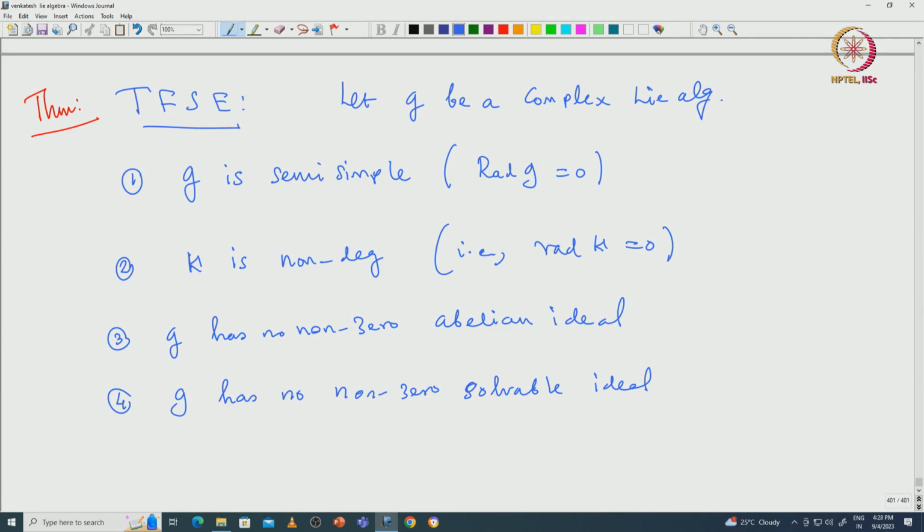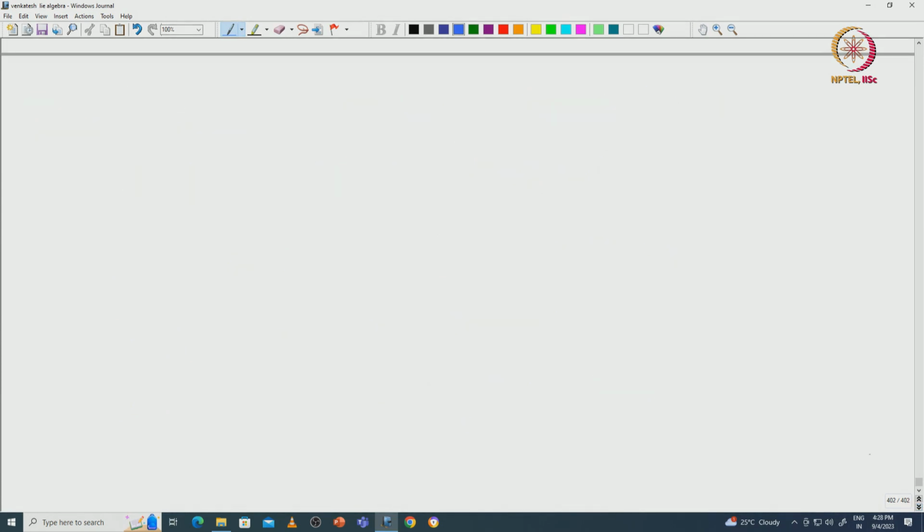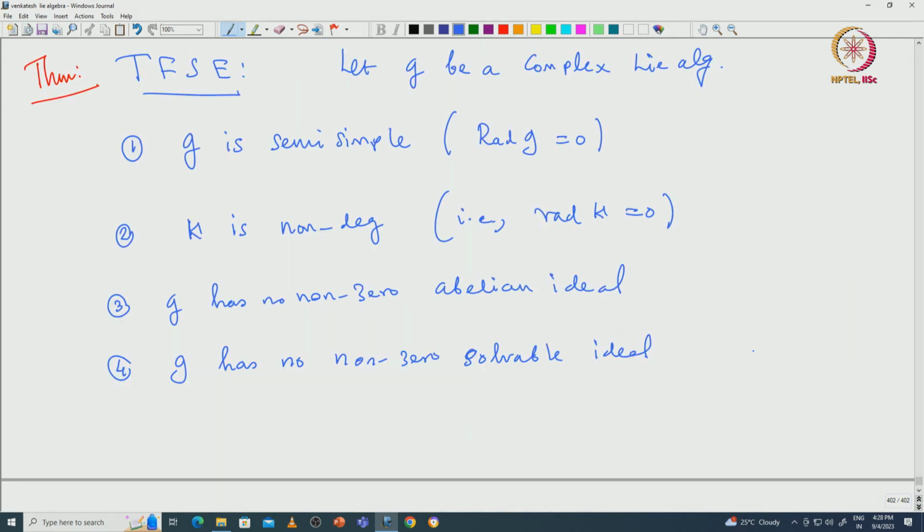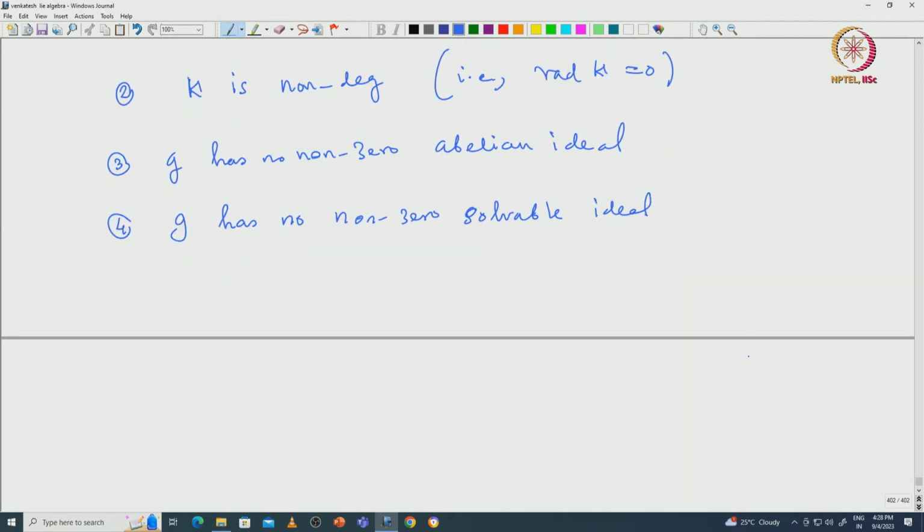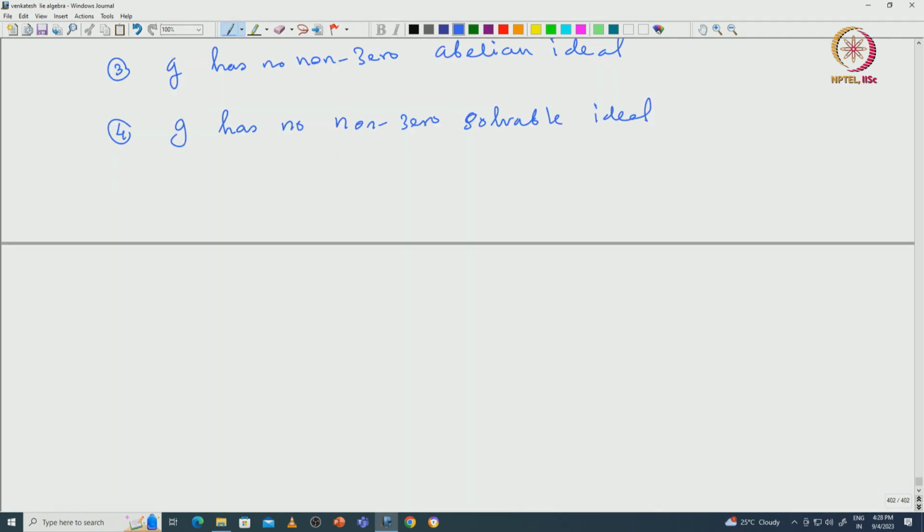So, how does one prove that 1 implies 2? You first assume that G is semi-simple, that means the maximal soluble ideal is actually 0. Now, look at the radical of the Killing form K. By definition this is those x in G such that the Killing form kappa of x y is 0 for all y in G. In particular, if we take any x, y from this radical of kappa, then kappa of x y is 0.